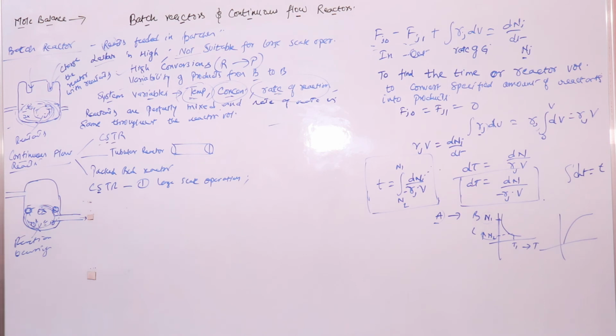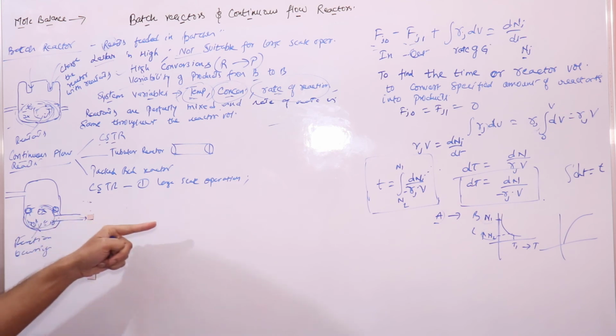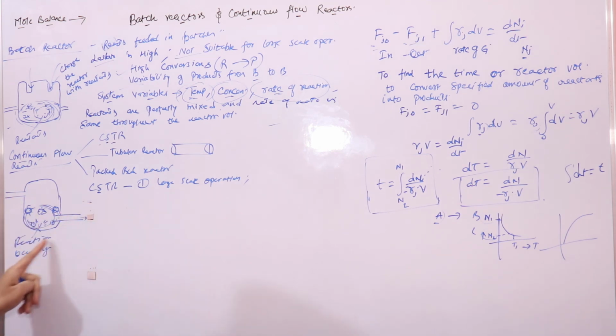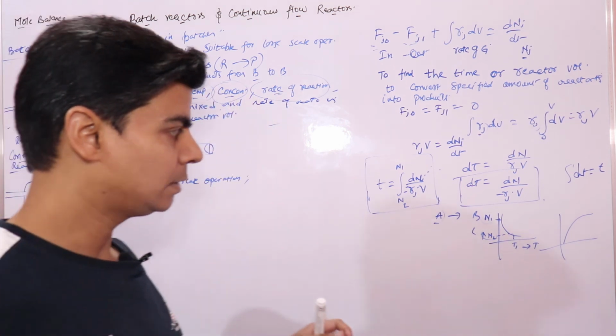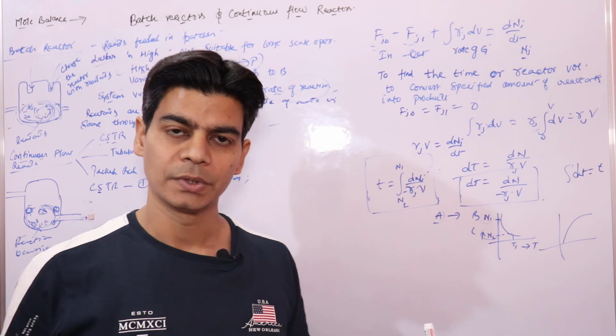This is what it means. Now we will look at the equation, and the advantage of this is that it can be used for large scale operations, with continuous flow of reactants in and flow of products out while the reaction takes place inside the reactor. One thing: the perfect mixing that I've talked about is not true for all.